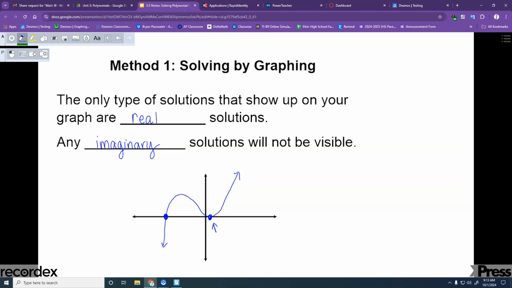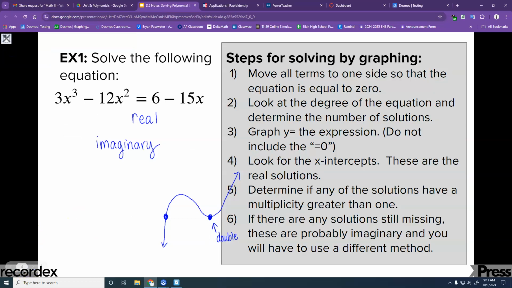That bounces, which makes it a double. Right there. So it counts twice for that. So for this one, you would have 3 real solutions, even though there are only 2 distinct solutions, one of those is a double for that.